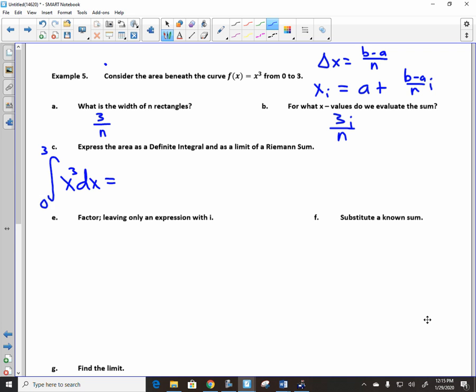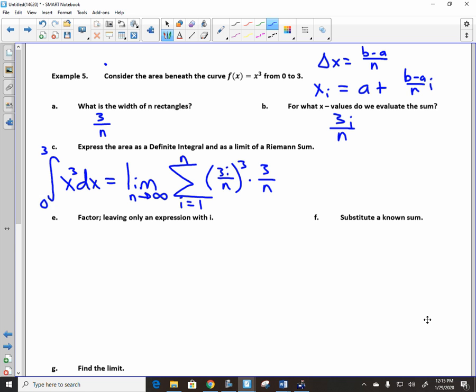That's equal to the limit as n goes to infinity of the sum from i equals 1 to n of, what do I plug into the function? Yeah, 3i over n, that thing cubed, times 3 over n, which is delta x.